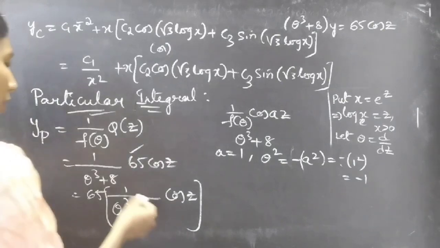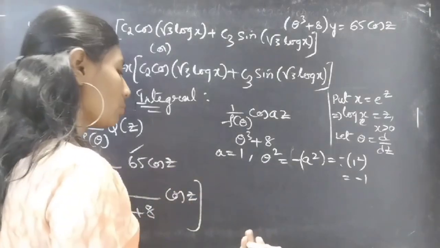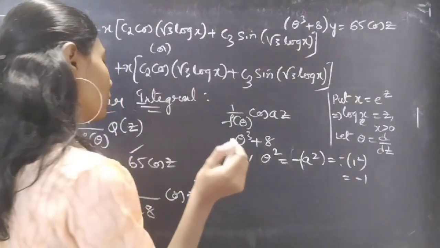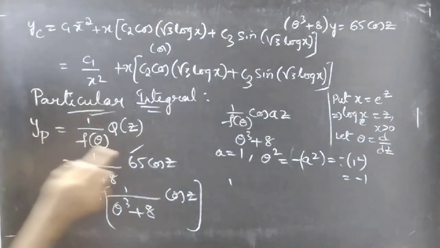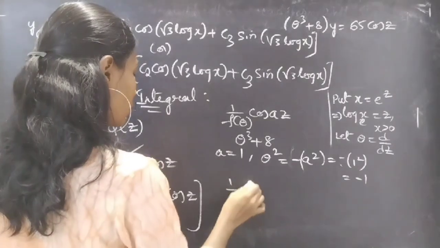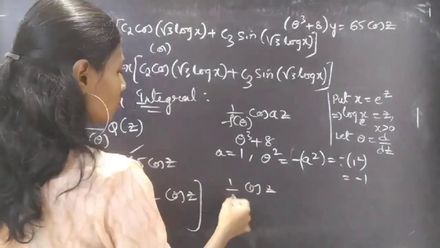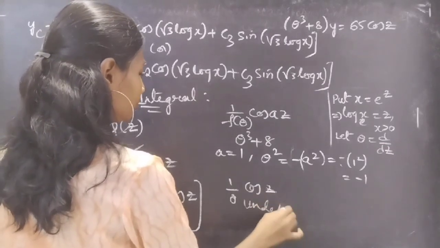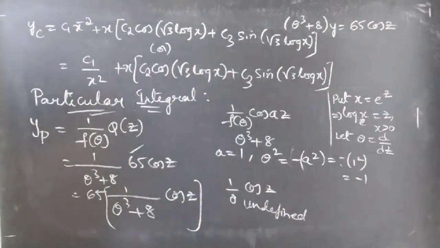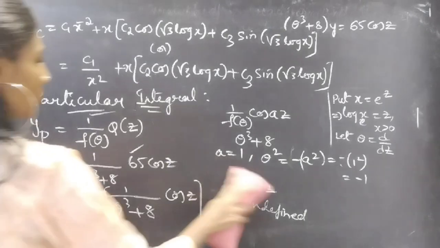If you get denominator 0 by replacing theta square by minus 1, we'll get something like 1 by 0 into cos z. Since 1 by 0 is undefined, the total term becomes undefined, right? So always remember that the denominator must be non-zero.